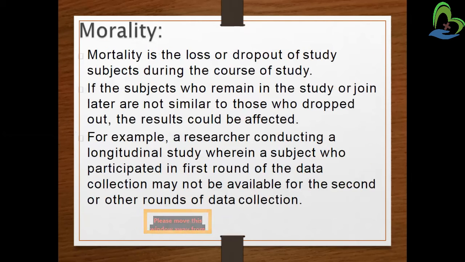Mortality is the loss or dropout of the study subjects during the course of the study. If the subjects who remain in the study or join later are not similar to those who dropped out, the result could be affected.